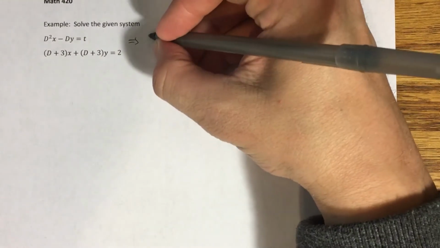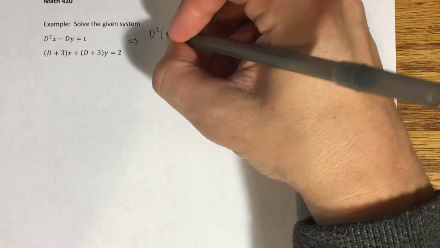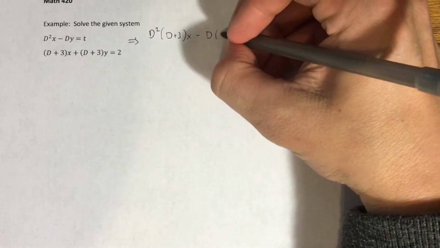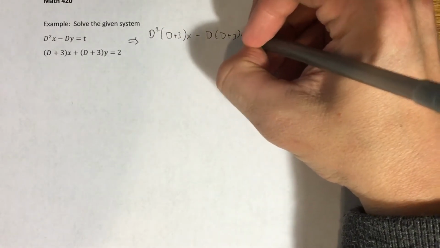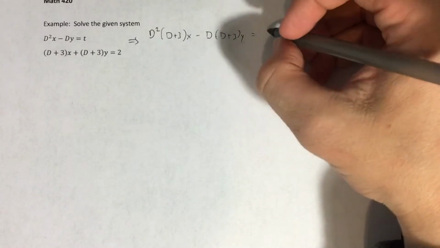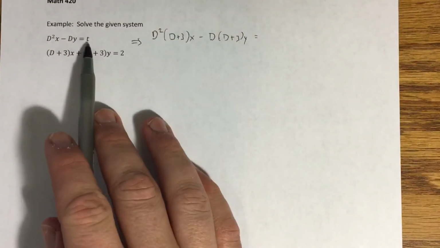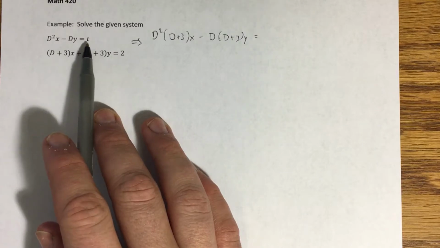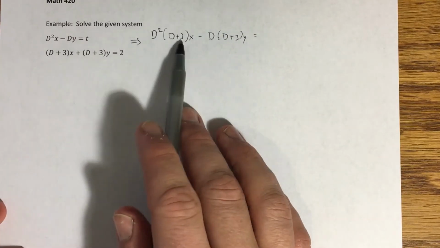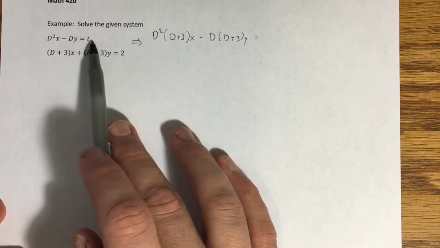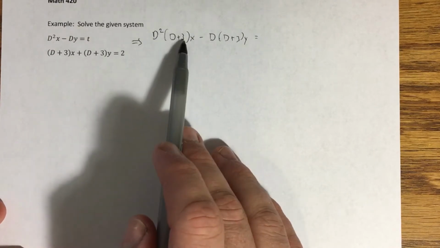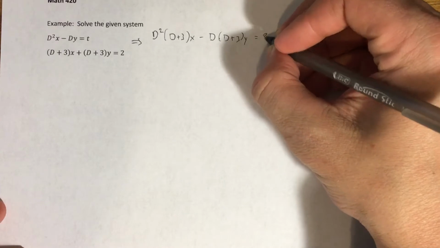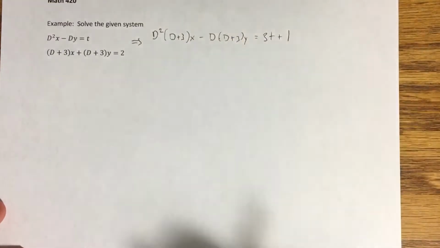So that's going to look like D squared, D plus 3 x minus D plus 3 y equals, now this is D plus 3 operating on t. Think about what that does. I take the derivative of t, which is 1, and I also multiply t by 3, which is 3t. So 1 plus 3t, or 3t plus 1.